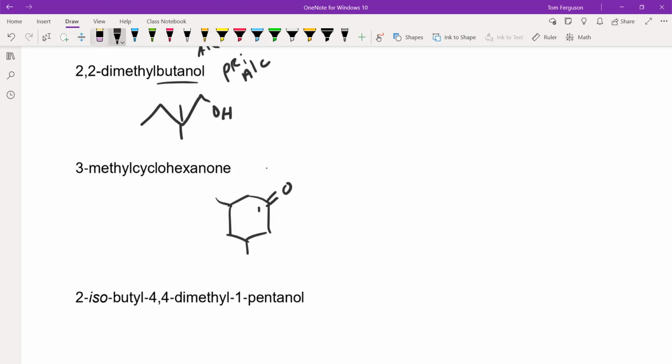Either one is fine. Now, if you put 3-methyl-1-cyclohexanone, that would be fine. Unnecessary, but fine. I wouldn't mark it wrong.